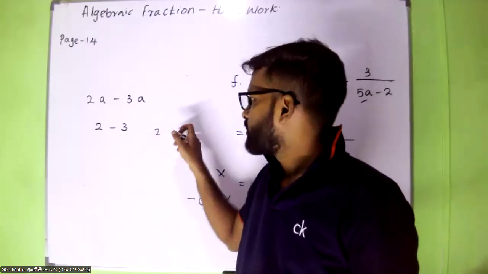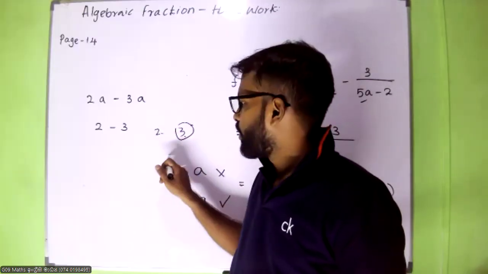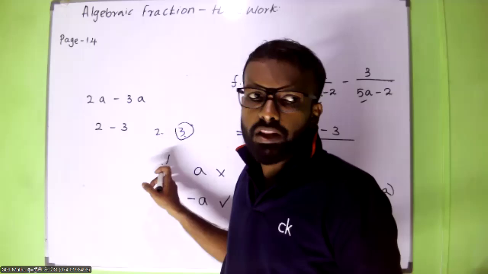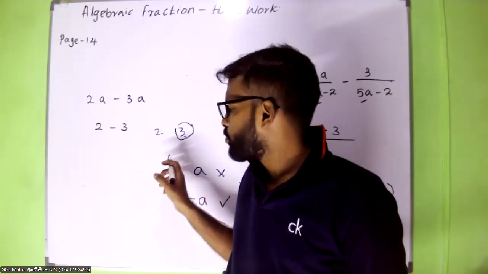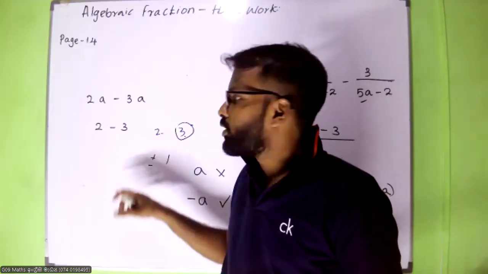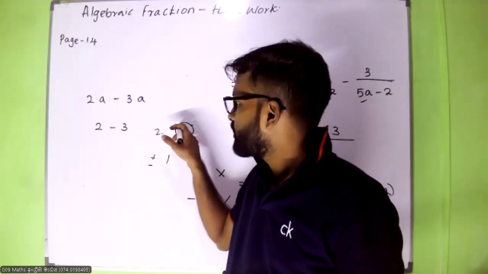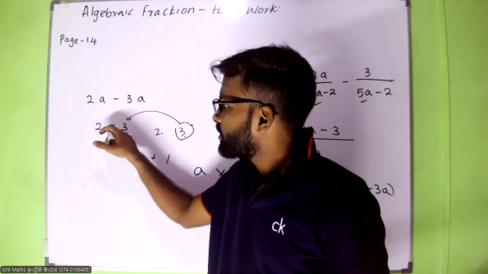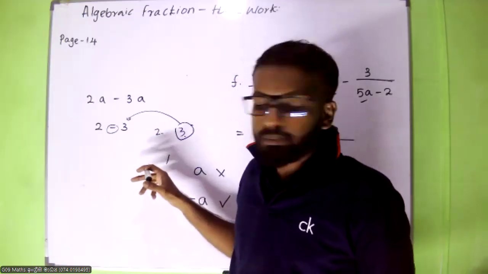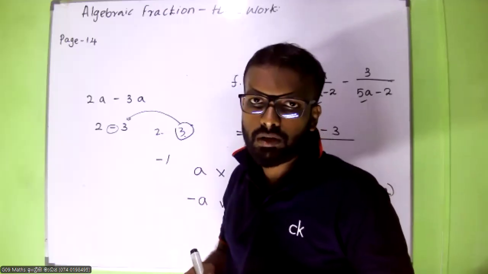What is the biggest number? 3 is the biggest number. Now subtract: 3 minus 2 is 1. How do you decide whether this is positive or negative? By looking at the sign of the biggest number. The biggest number is 3, and its sign is minus. So your answer should be minus 1.